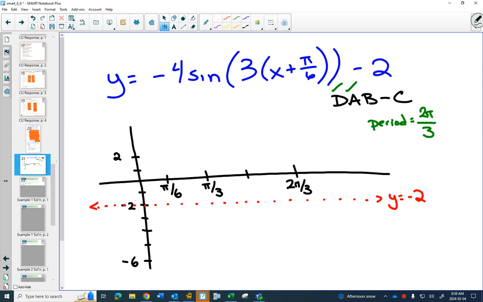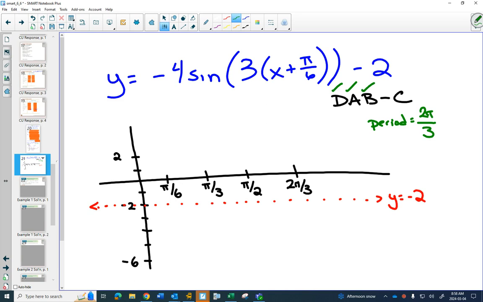And if this is pi over 6, then the third one has to be 3 pi over 6. Maybe in your head you reduce it already, maybe you don't. You could write 3 pi over 6, but I recognize that 3 pi over 6 reduced nicely to pi over 2, so I wrote it as pi over 2 right away.